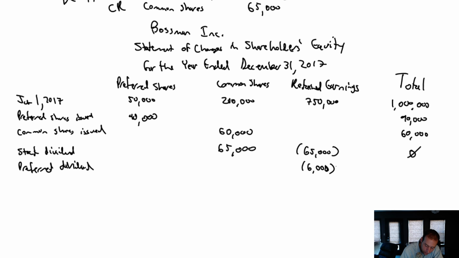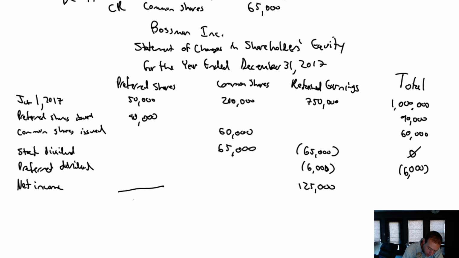It does not affect my preferred shares. It affects my retained earnings, though. The final item we've got to include is net income. Oh, and I should note that that's negative $6,000. And our net income was $125,000.